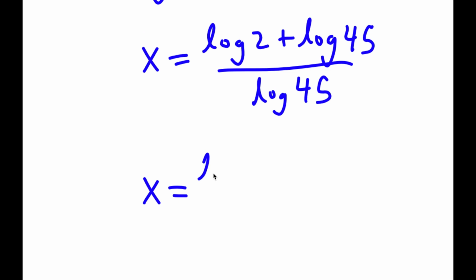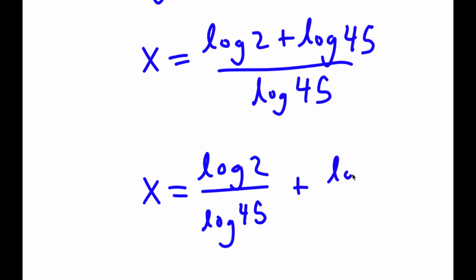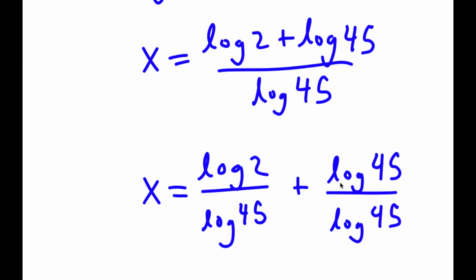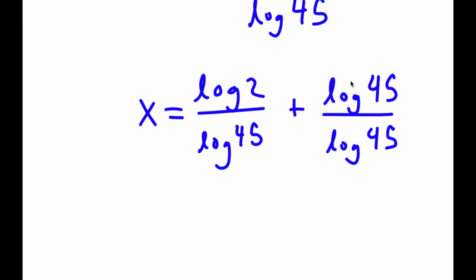So now this is equal to log 2 over log 45 plus log 45 over log 45. And now log 45 and log 45, these two cancel out.